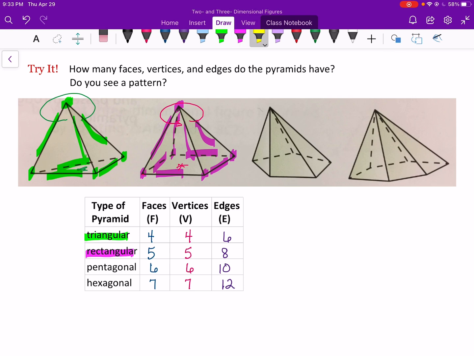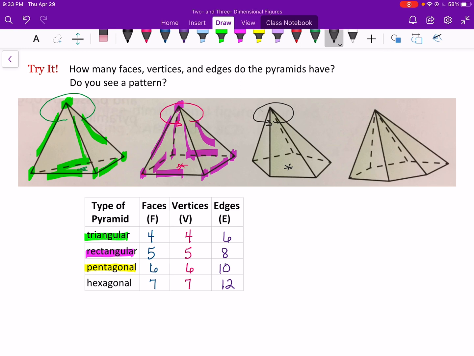Next figure has a pentagon as a base, 5-sided figure, so it's called a pentagonal pyramid. Faces on this one, if we start counting all the way around, there are 5 faces, and then we have the one on the bottom. 5 plus 1 is 6. Notice the same number of sides on that pentagon on the bottom is how many faces this pyramid will have.